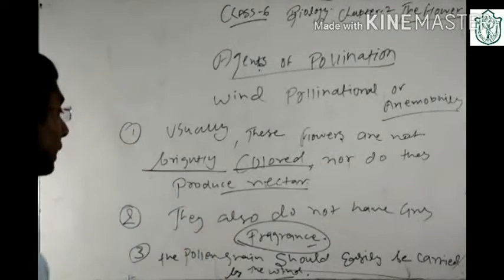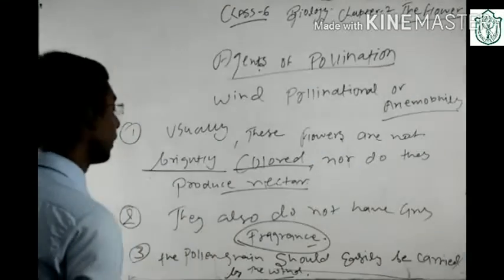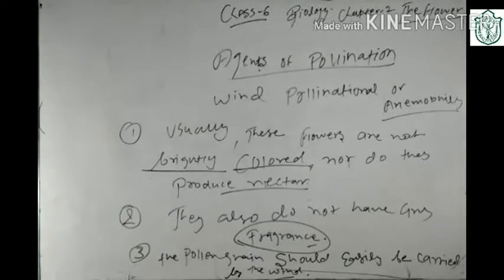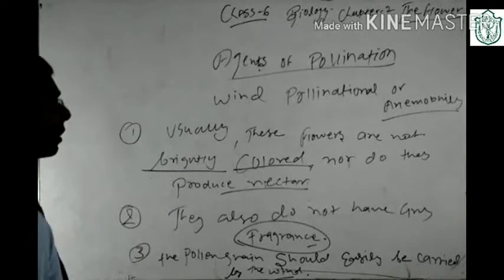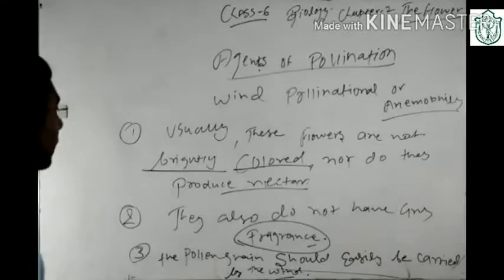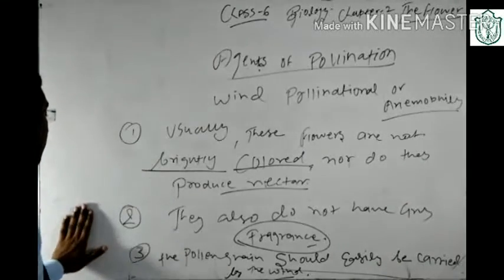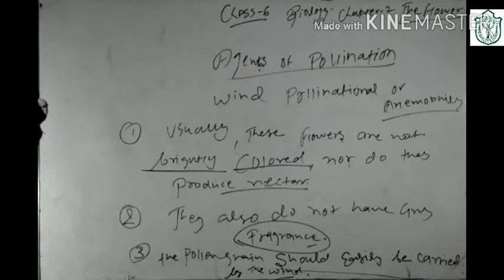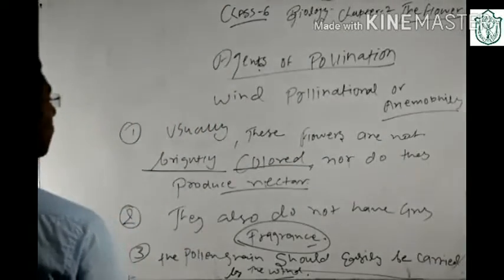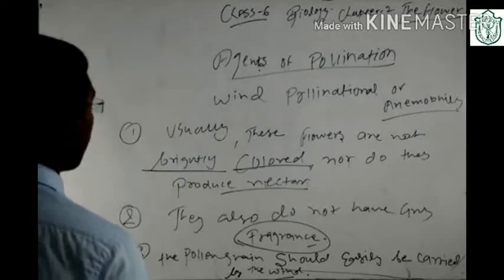And number third, the pollen grain of that flower should easily be carried by the wind. These three characteristic features are responsible for pollination by the help of wind, or anemophily.